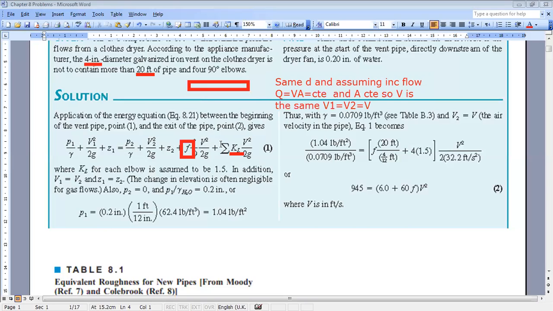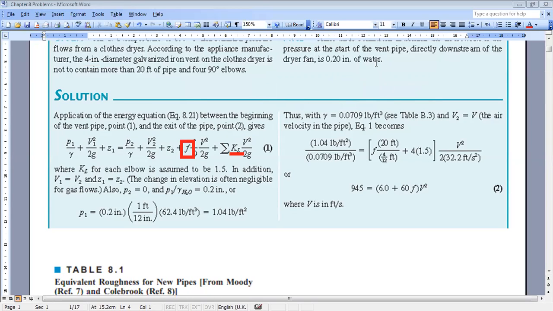Okay, so when you calculate losses, it is the average velocity. But here all will be equal. So now when I replace into my equation, I will get a first equation relating f and V. Okay, so this is equation number 1.